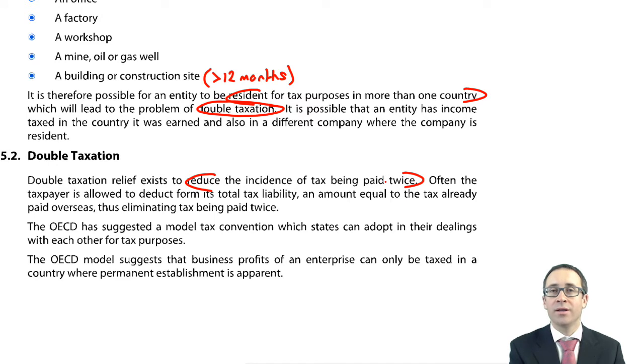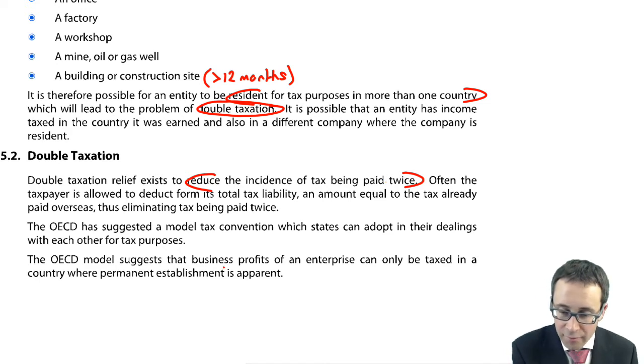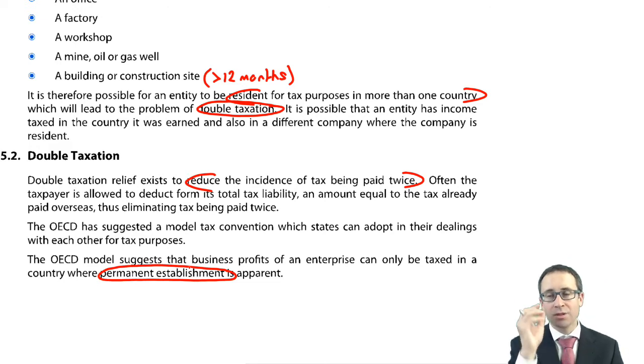However, what you could have as well is we look at the tax models that we have. The OECD, the Organisation for Economic Co-operation and Development, is a global body that suggests how we deal with that problem of double tax. They focus on your permanent establishment.